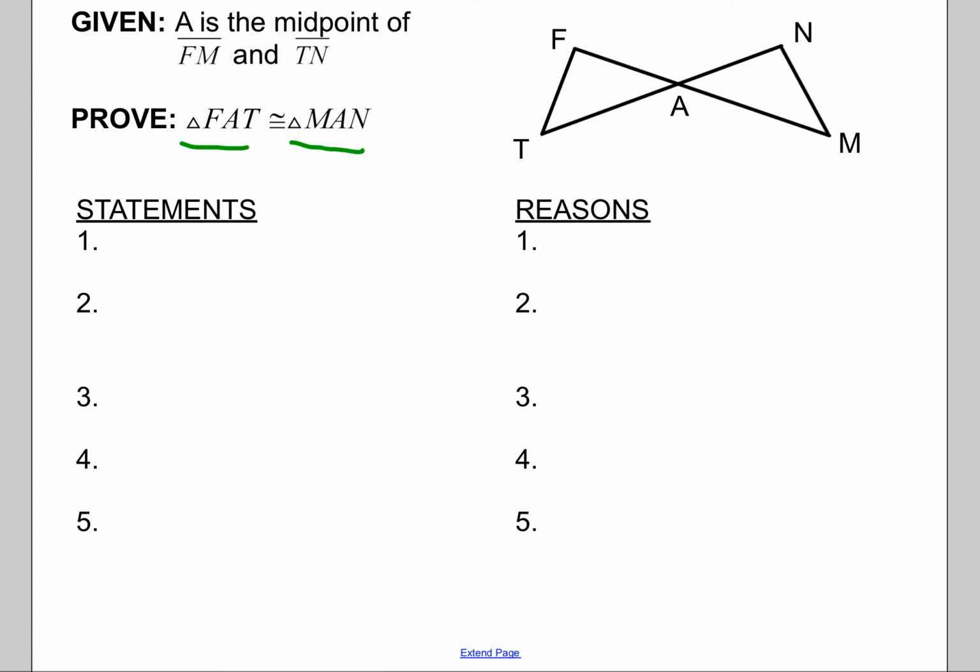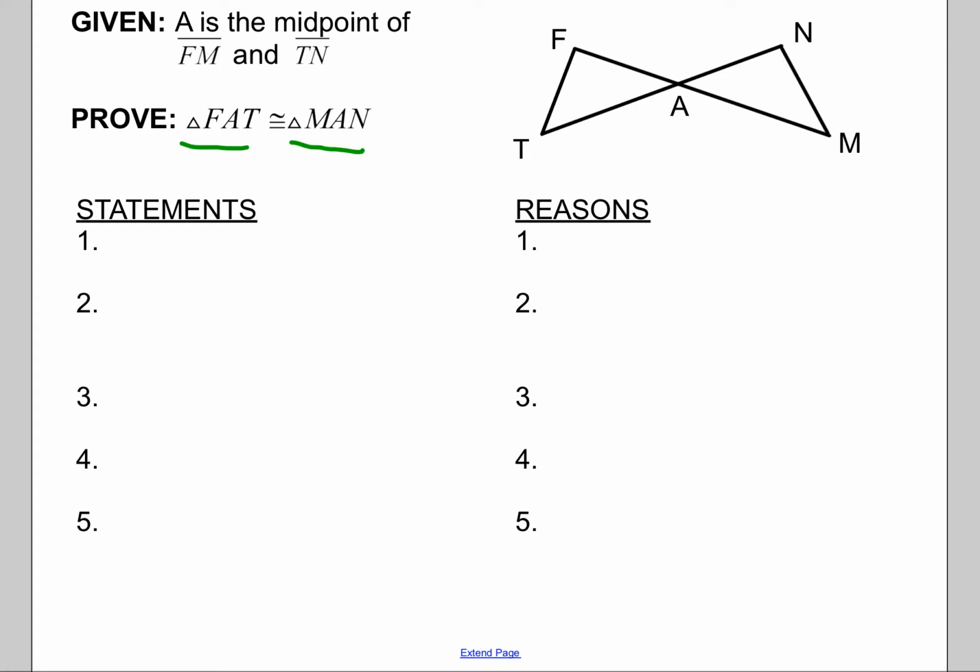But as we've also just learned, we can use the SSS congruence. So we could try to prove that all 3 sides are congruent, like that. If we get to here, we can say, then we know by the side congruence that those two triangles are congruent. Or we can use SAS, side, angle, side, that 2 sides are congruent, and then the included angle.